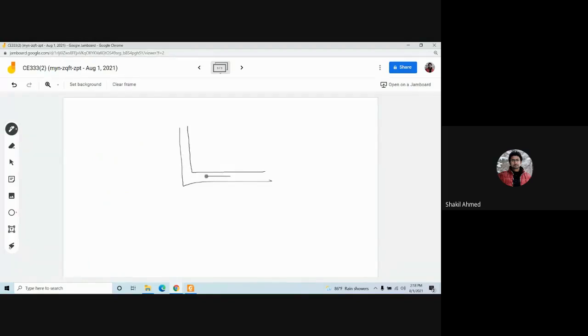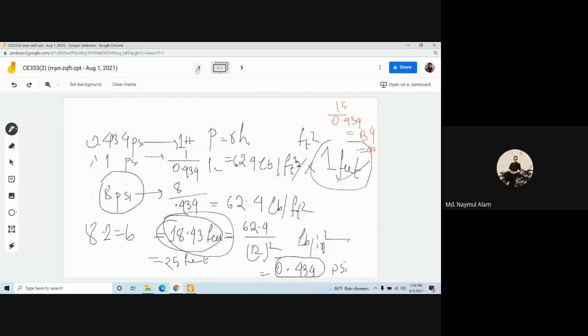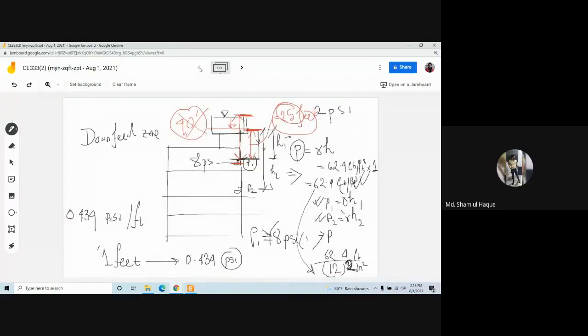So as the water moves, the movement of the water will be hindered by this bend, right? So there are also losses associated with this. Clear? So this is also a loss. Did I make it clear?